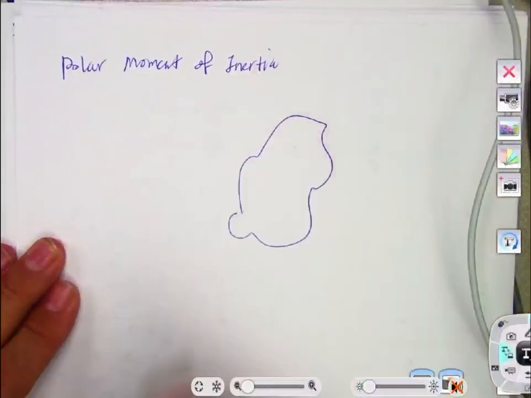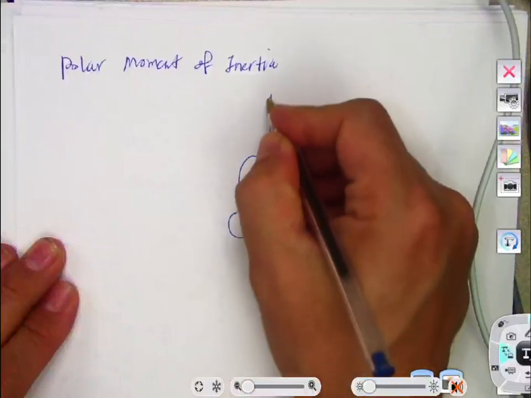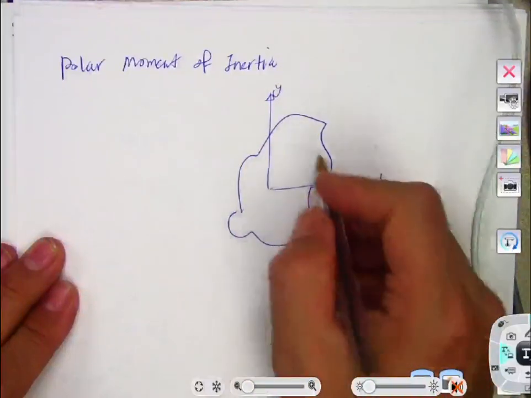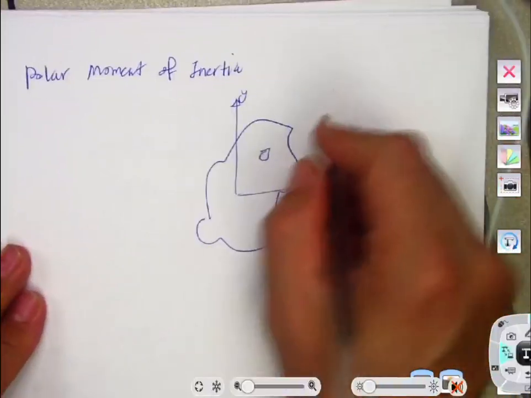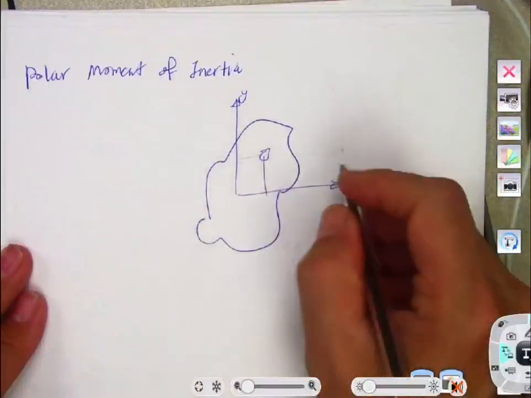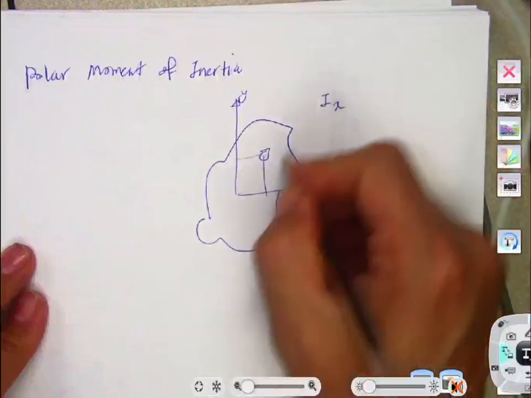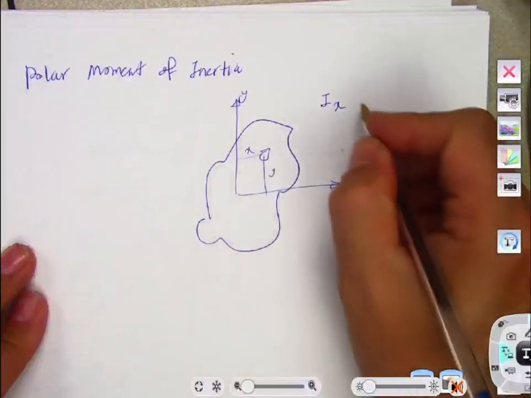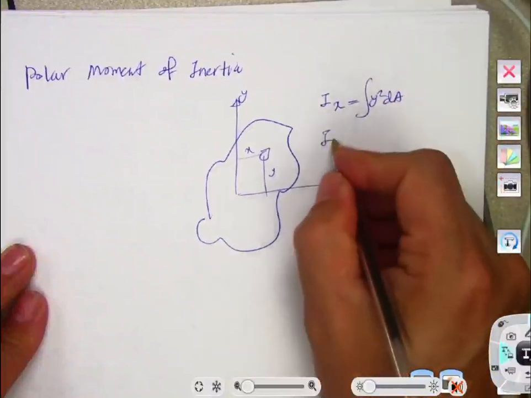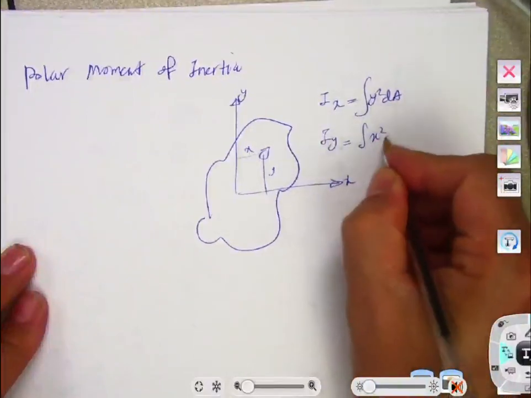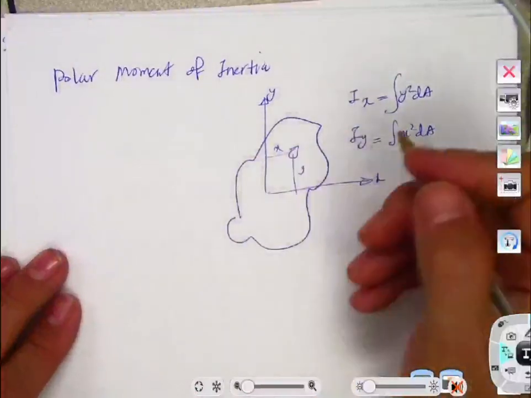If this is your area, and this is the x-axis, you learned that for the x-axis we define Ix equal to y squared dA, and for Iy we define it as x squared dA. But now I'm going to define polar moment of inertia like this.